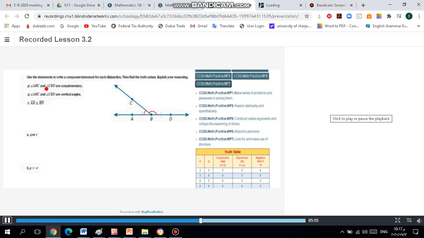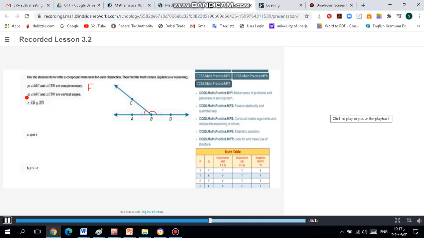True or false? Complementary means the sum of these two angles should be 90. This is false, because these two angles are a linear pair. The sum should be 180 degrees.